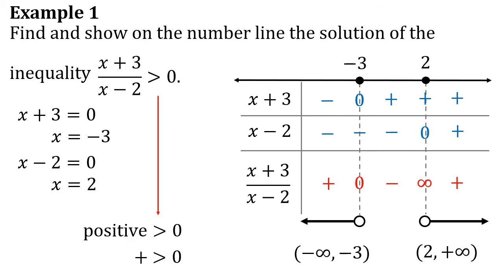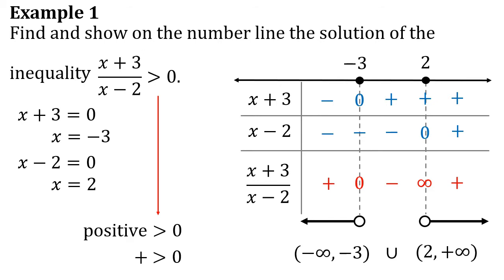Okay, so if we express the solutions in terms of intervals, and since we have these two intervals that are the solutions of that inequality, the elements of these sets, we're going to get the union of this.